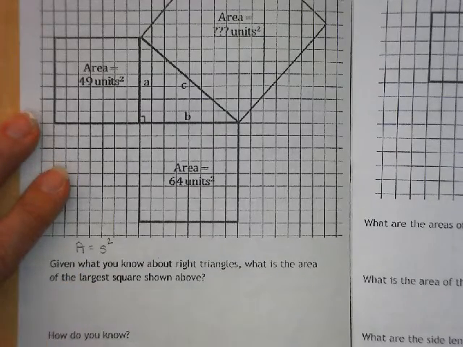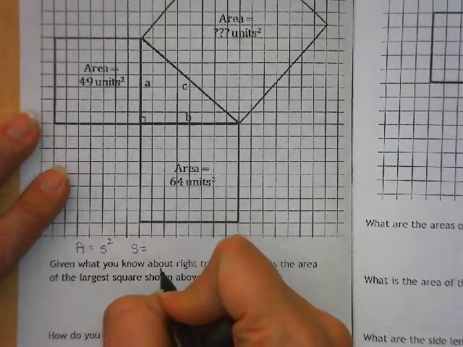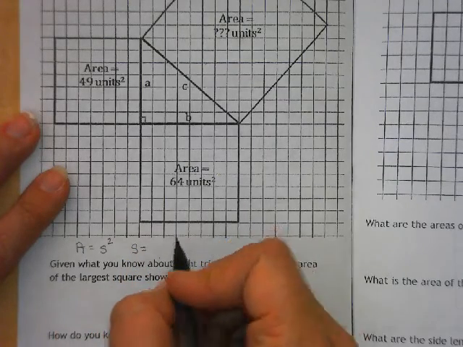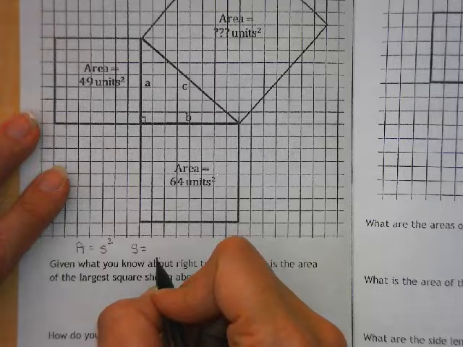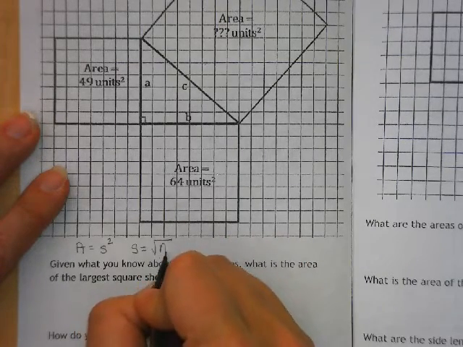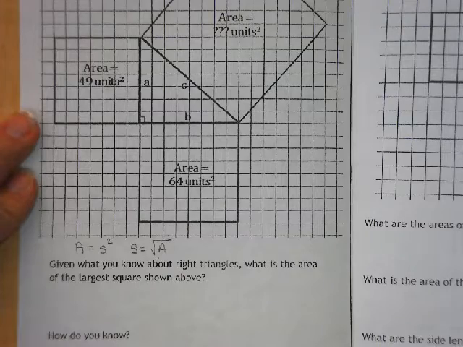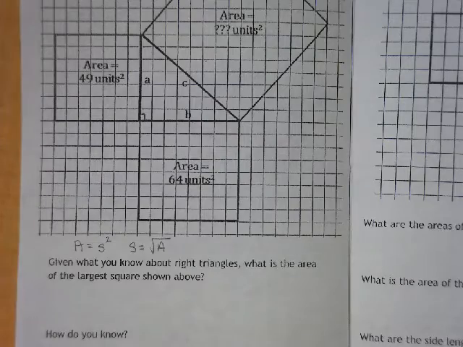So if I want to find just the side of a square, what do I do to the area? Nope, we're not going to divide. That would give us, that's if we have perimeter. Yes. Take the square root. If you want to know the side length, you have to take the square root of the area. Okay? So if you recall when we did squares and square roots.